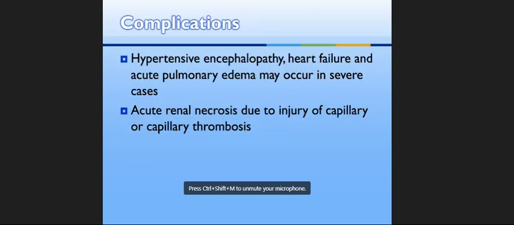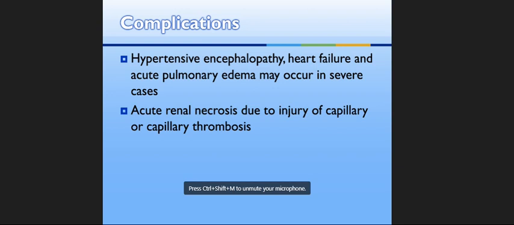In complications, we may find hypertensive encephalopathy, heart failure, and acute pulmonary edema. Those may occur in the severe cases of GNs.